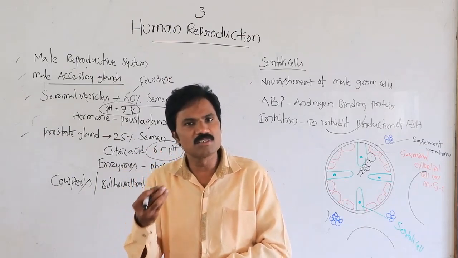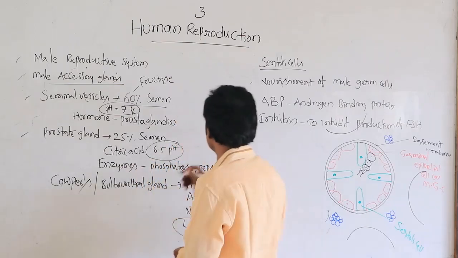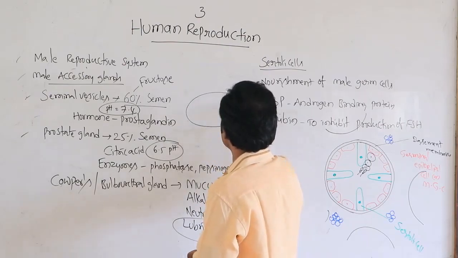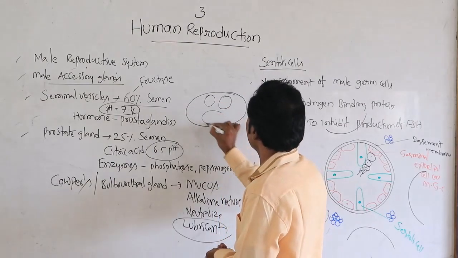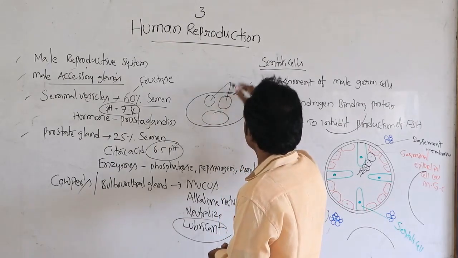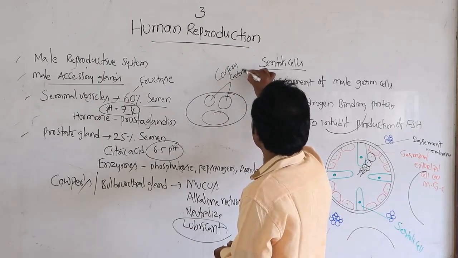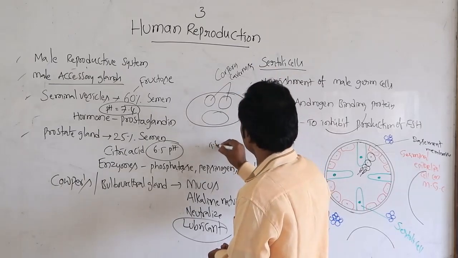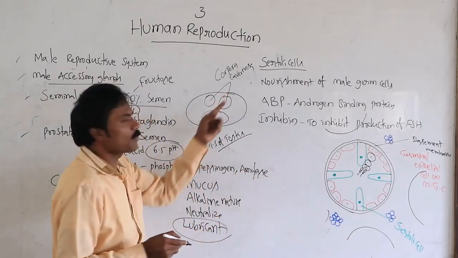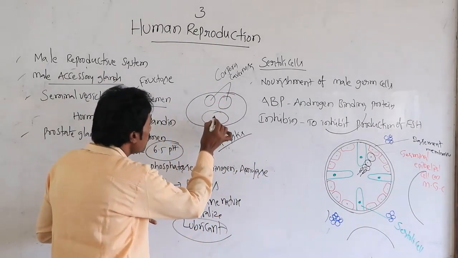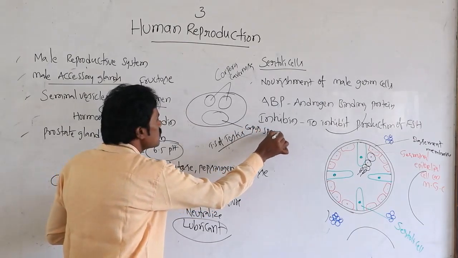In the external genitalia, as already said, there are specific muscles present. If you observe the TS of the testis, here there will be one pair of corpora cavernosa. Then below this, the corpus spongiosum.